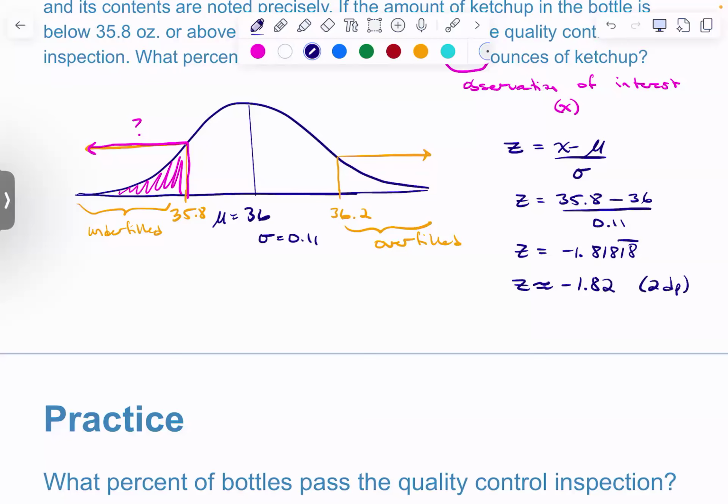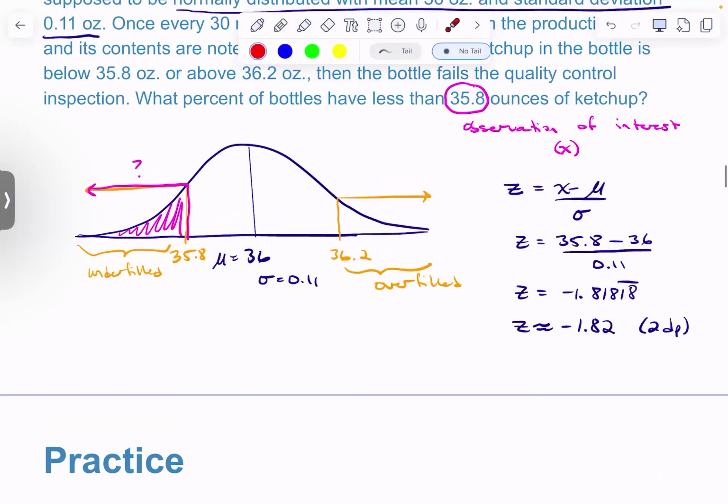If the number is followed by anything 5 or greater, you have to round up, otherwise you round down. So our Z is negative 1.82, which really means that any ketchup bottle that's 1.82 standard deviations below the mean is considered underfilled.